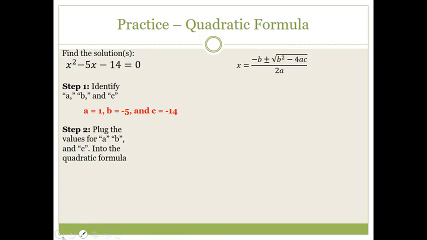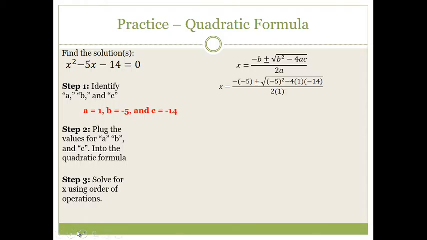So do that now. When you plug your values into the quadratic formula, you should have got this. Notice that we have negative, and then we plugged in our b in parentheses, which in this case was -5. So we have a -5.